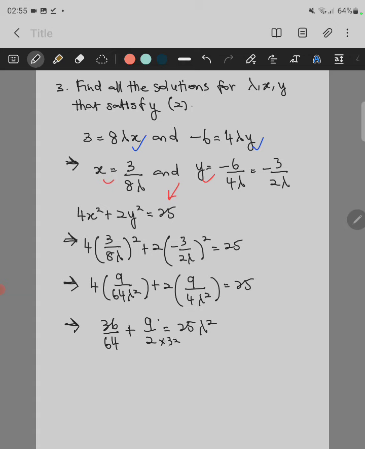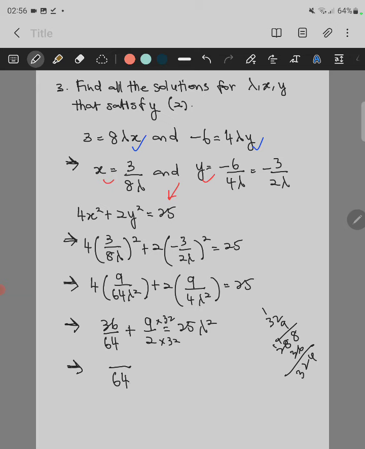So I can just times with 32, and then I will have 32 times 36, and 32 times 9 is 288, and then plus 36, which gives 324.